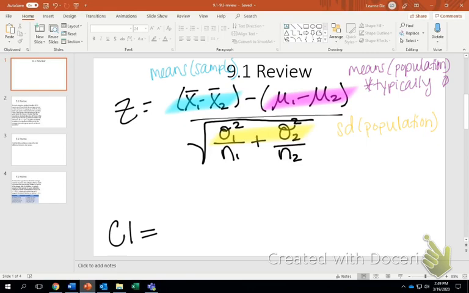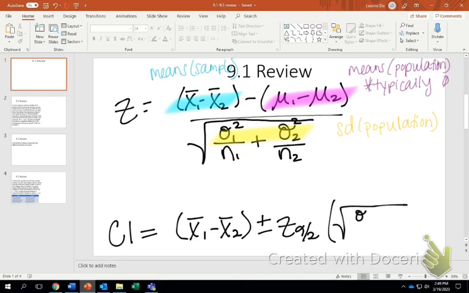The confidence intervals come from your differences in your sample means, and then added or subtracted with the z-score times the square root of sigma sub 1 squared over n sub 1 plus sigma sub 2 squared over n sub 2.